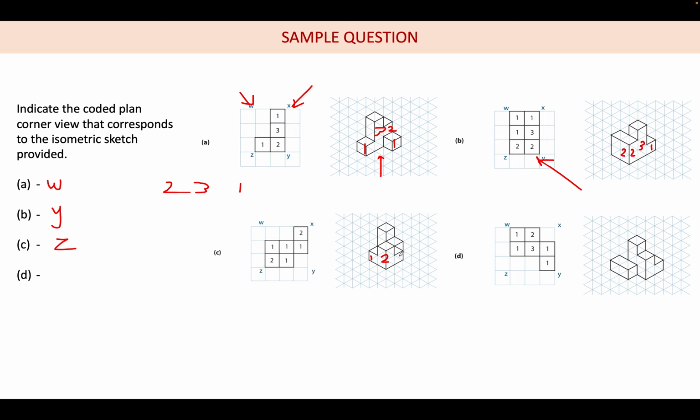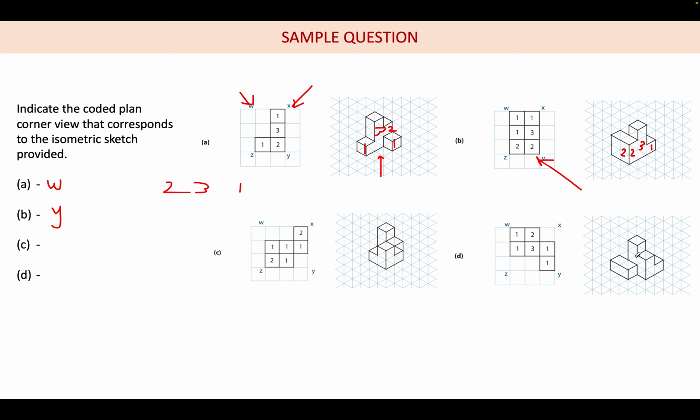Here again you are having one box. We are having 3 boxes also at the back, but in the option it is only a combination of 1 and 2. I think there is some error, because there is a 3. So okay, we will not look at this.